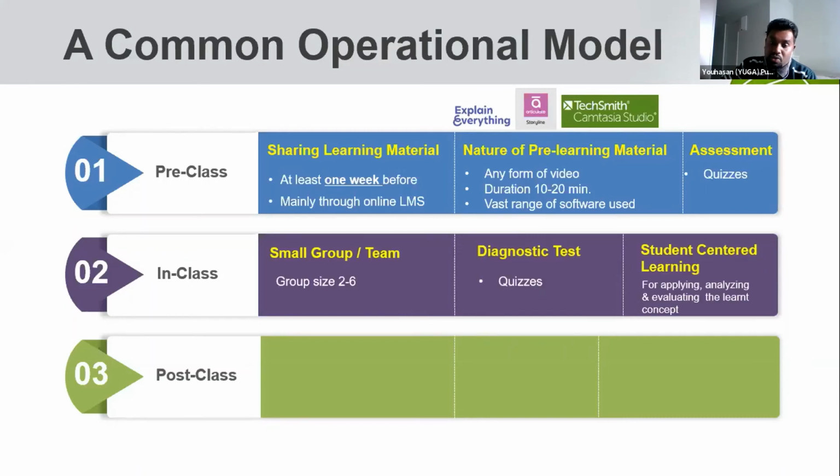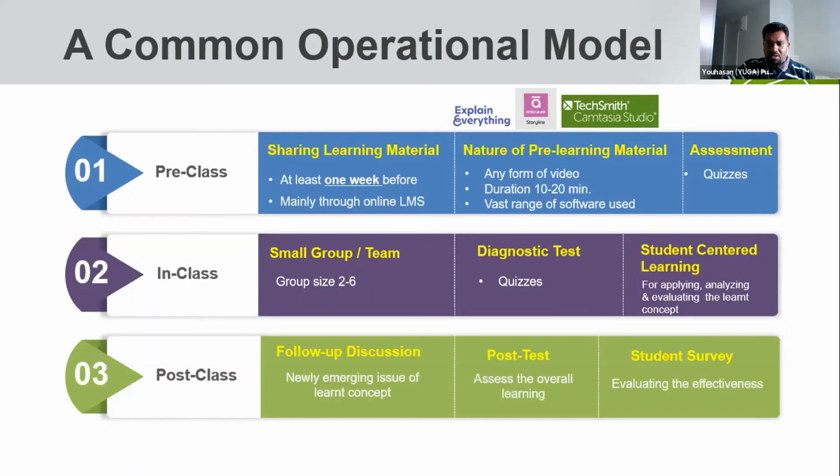In in-class activities, teachers divide the students into small groups. The reported group size was 2 to 6. Teachers conducted a diagnostic test, also mainly through quizzes. The in-class activities were followed by student-centered learning approaches, such as problem-based learning, scenario-based learning, team-based learning, simulation, and other approaches. Post-class is focused mainly on follow-up discussion regarding newly emerging issues of the learning concept.